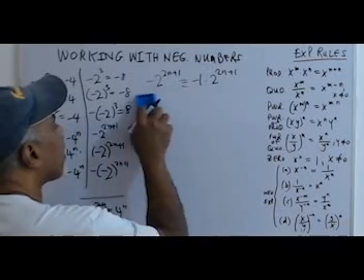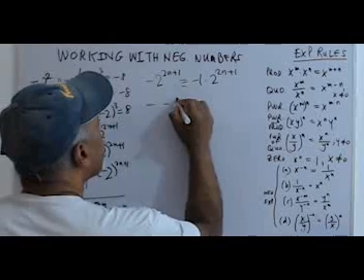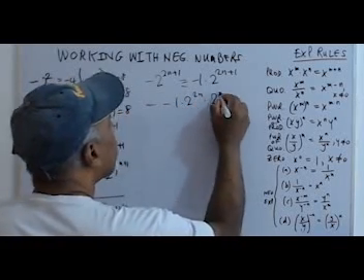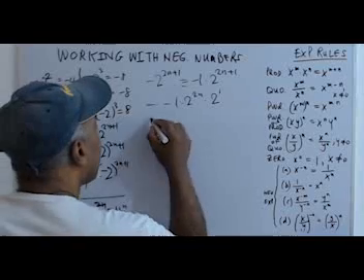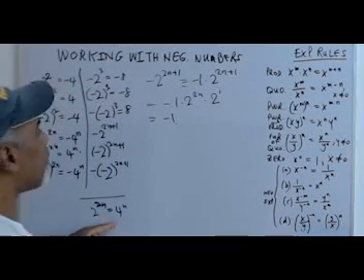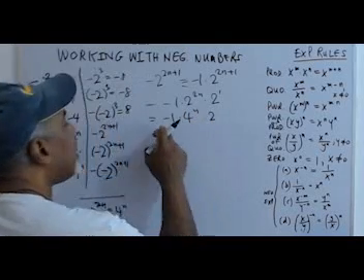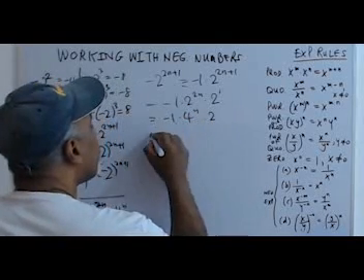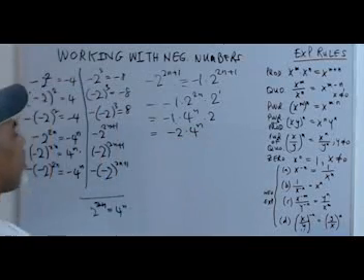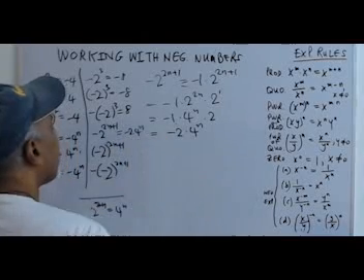So we have negative 1 times 2 to the 2n times 2 to the 1. 2 to the 2n is 4 to the n, times 2. Negative 1 times 2 is negative 2. Negative 2 times 4 to the n.